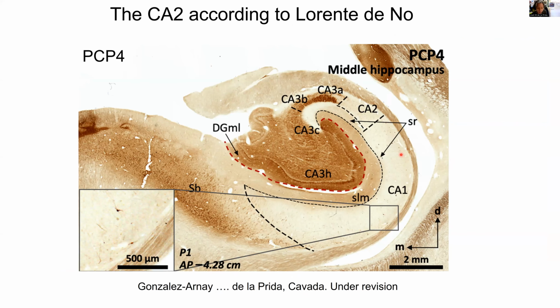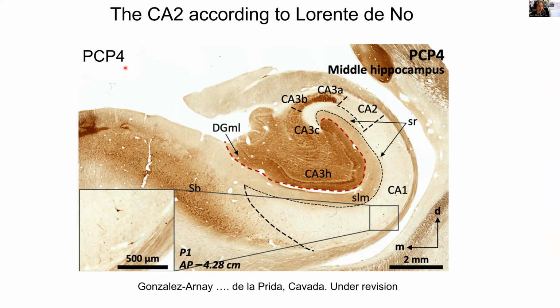So one of the collaborations that we started was with Carmen Cavada here in Madrid from the Universidad Autónoma. And Carmen has unique material from humans, which she collected over the years using very careful perfusion strategies to obtain very high quality immunostaining analysis.